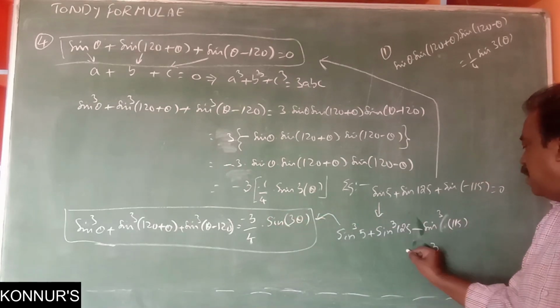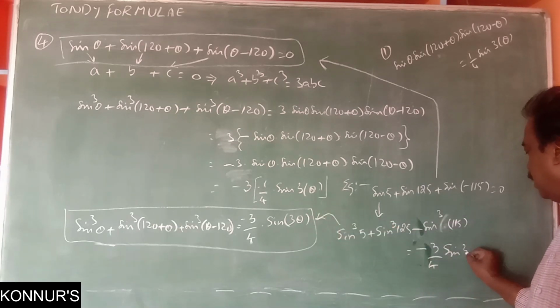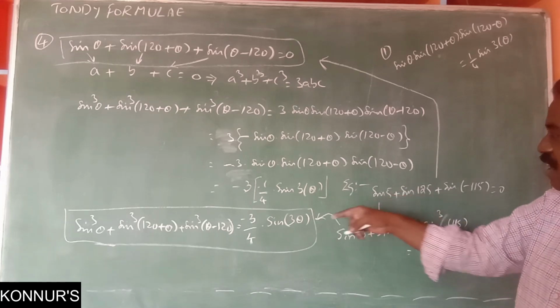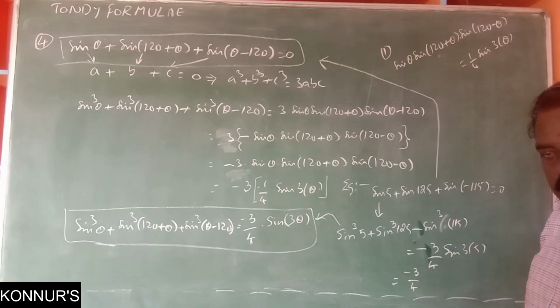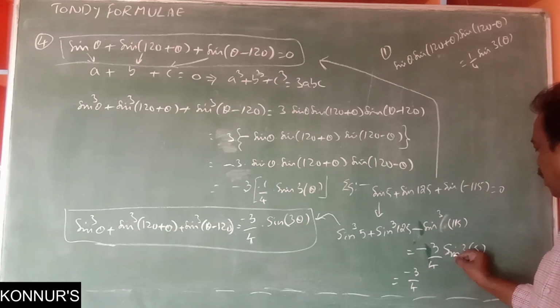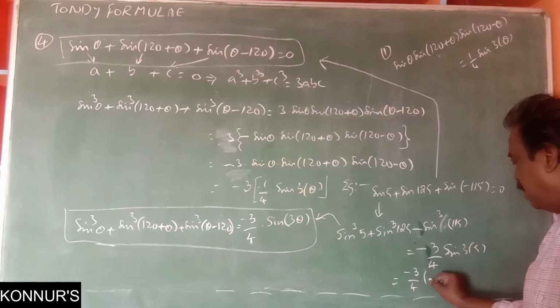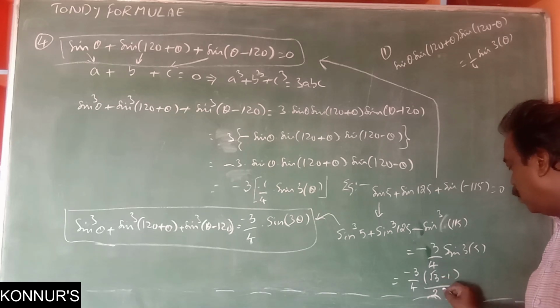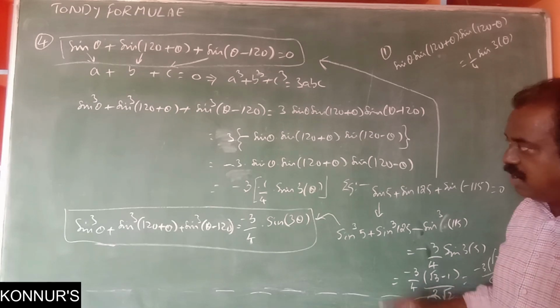It is minus 3 by 4 sin 3 into 5, because theta is 5. So it is minus 3 by 4 sin 3 into 5, sin 15. Already many times we solved it. It is root 3 minus 1 by 2 root 2. So it is minus 3 of root 3 minus 1 by 8 root 2. Is it clear?